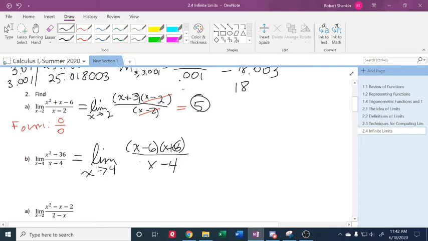The mistake was neglecting to do the form first. This needs to be the first step every time, and it's a huge time saver, because in this case you're going to get 16 minus 36, which is negative 20 over 0, and when the form is a number over 0, we immediately know the answer. The answer is does not exist.